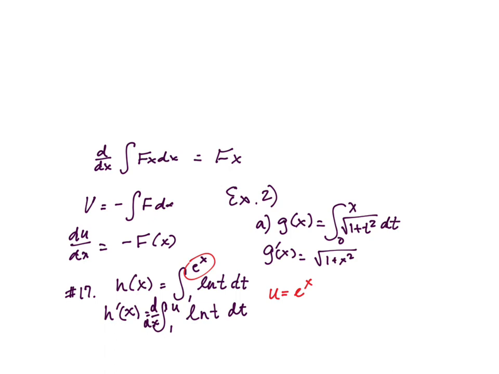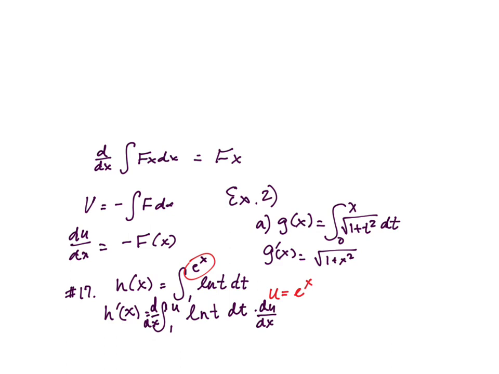The problem is this is the derivative in terms of x, and I've now put in here u. So in order to undo the u business, I also have to multiply by the derivative of u in terms of x. That allows us to be everything in terms of x.